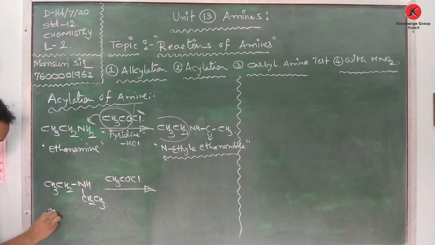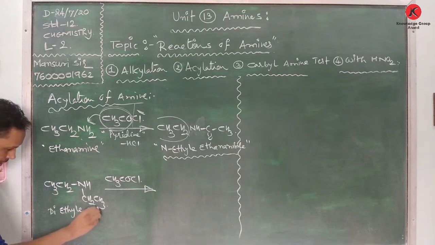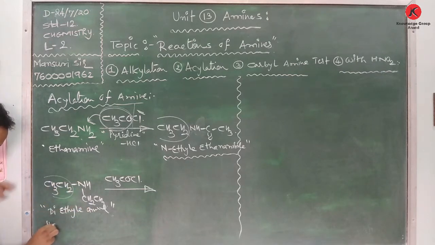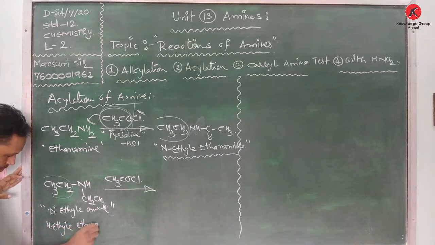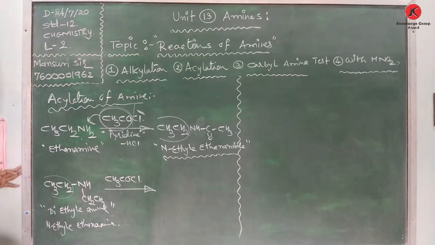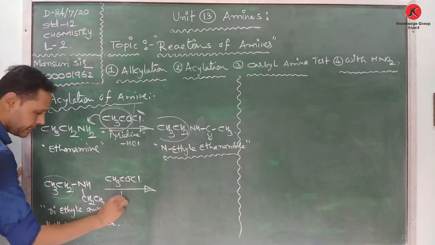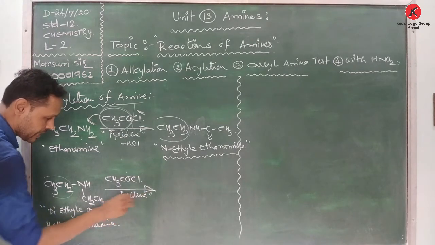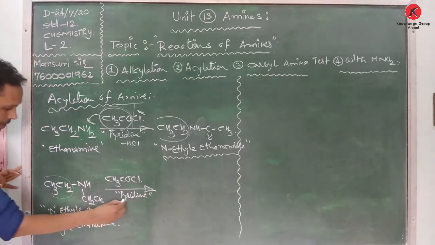The common name is diethyl amine, and the IUPAC name is N-ethyl ethanamine. When it reacts with acetyl chloride in presence of a strong base like pyridine, then what will happen?